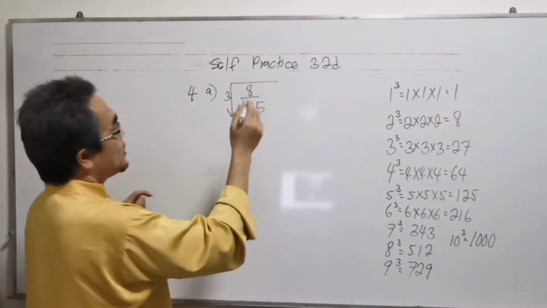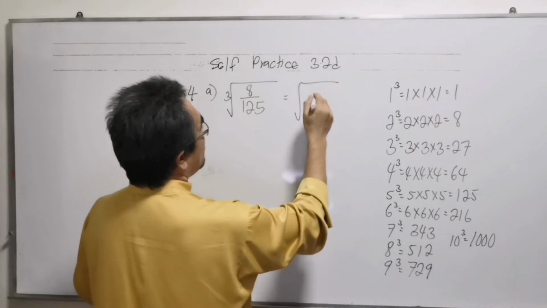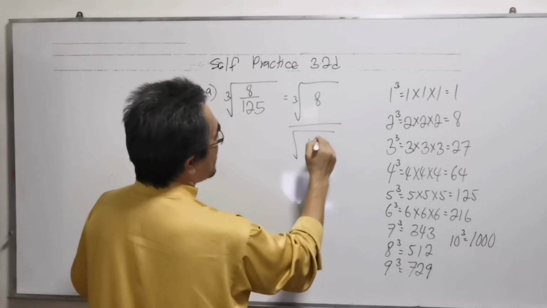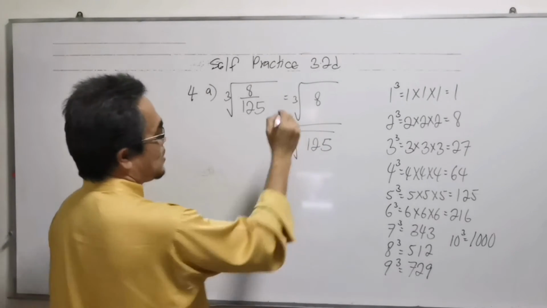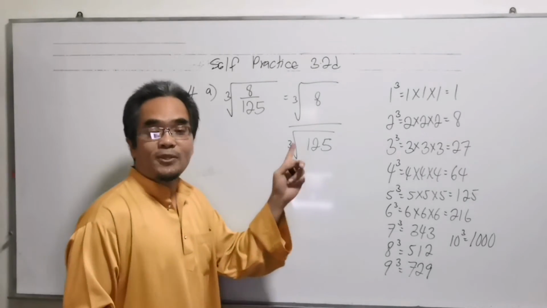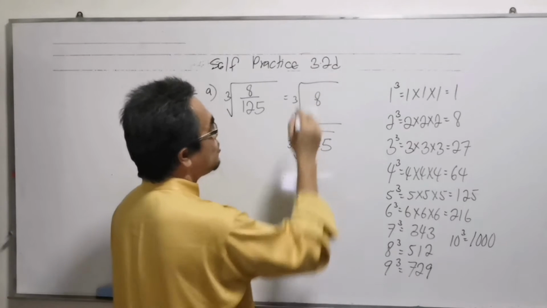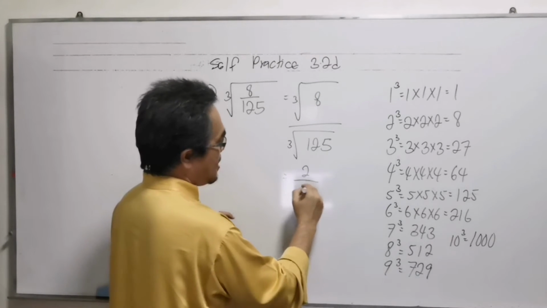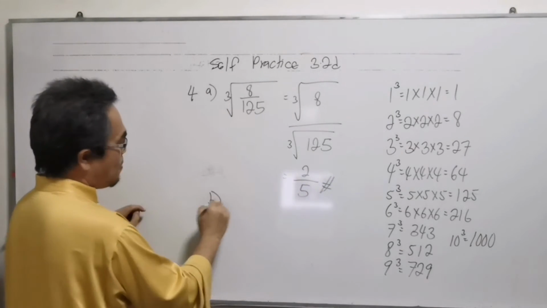So this one will be the cube root of 8 divided by the cube root of 125. Okay, for the first question I'll do this. But no need, huh? So the cube root of 8 will be 2, the cube root of 125 will be 5. So that is the answer for A. How about for B?